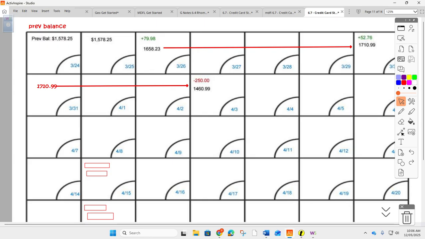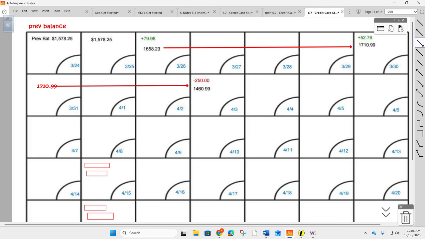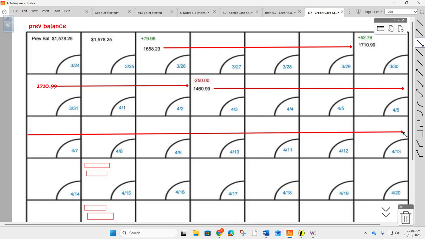We don't have another purchase until the 15th, so all the way down here. So I'm going to indicate that this goes all the way up to here. And I could type the $1460.99 in there again. You don't have to. The arrows are sufficient.